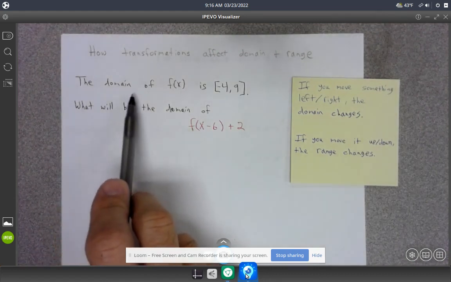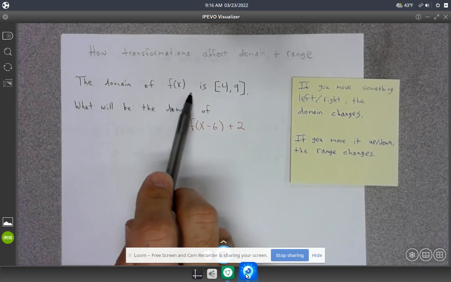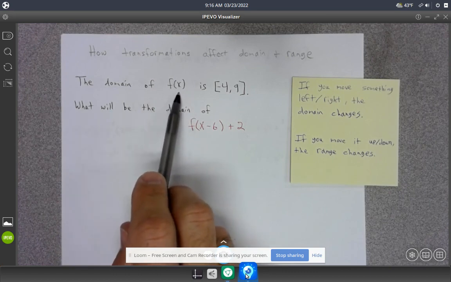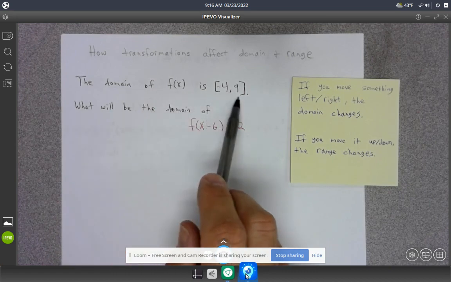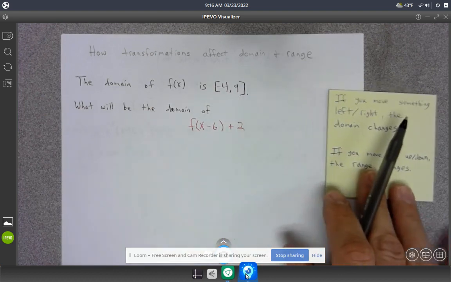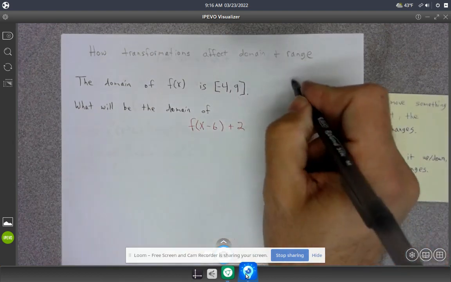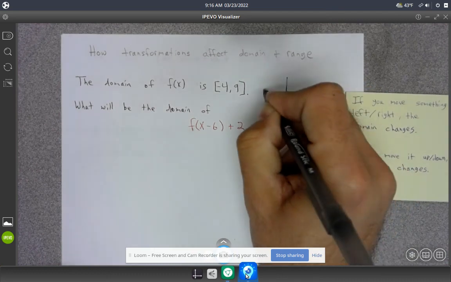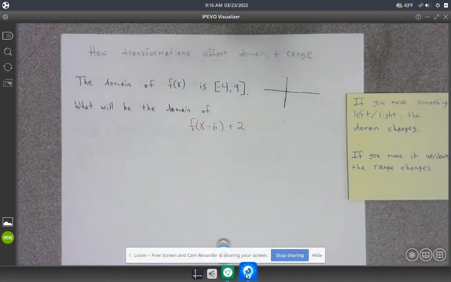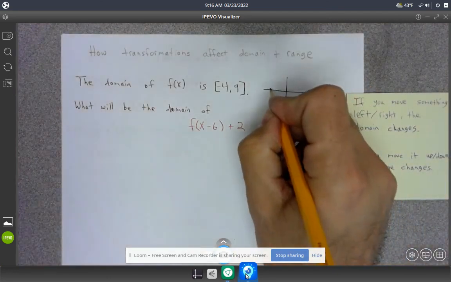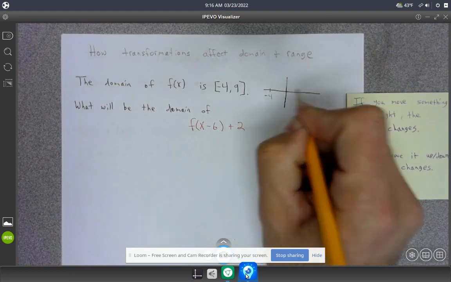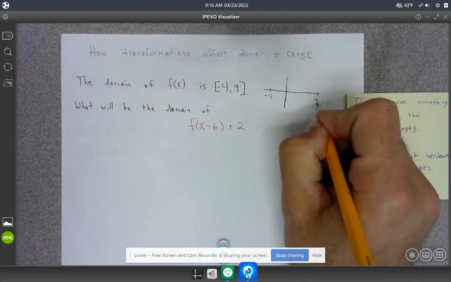So we're given a little bit of information about f of x. It says the domain of f of x is -4 to 9. So that just means that the furthest left that it goes is -4, and the furthest right that it goes is +9.